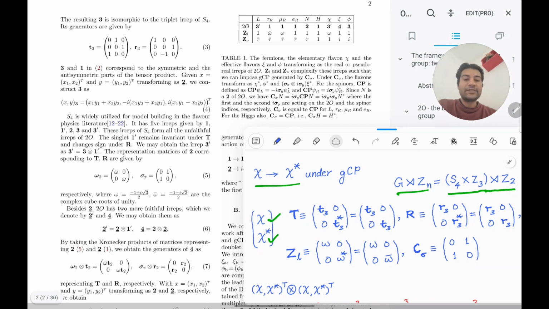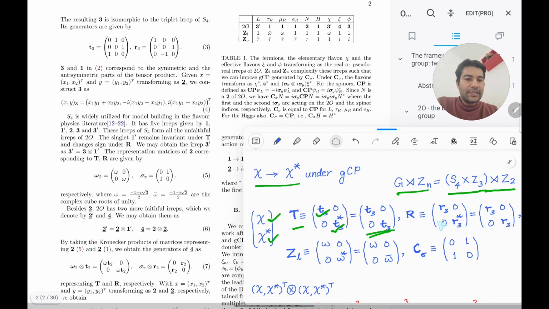And what are the generators of the group acting on it? So the generators should be 6 by 6 matrices, and they are shown here. So for generator T, you have this block diagonal matrix. So this is a 3 by 3 T3, and then T3 star in this block diagonal form. T3 star is T3, so you get this.